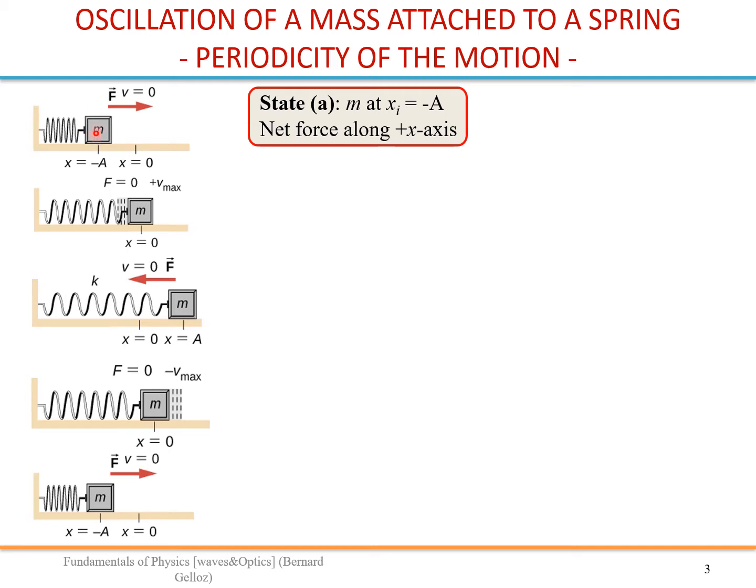So in this case we have a net force to the right, F equals minus kA. If we take a positive axis from left to right, the force is equal to kA in magnitude. Alright, so the block will move to the right.